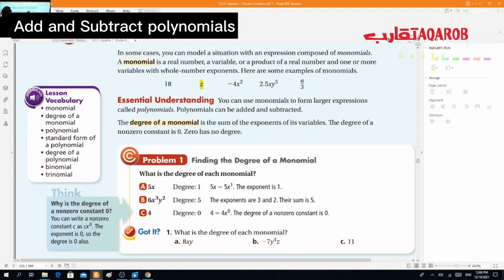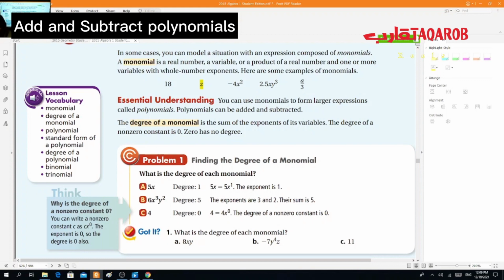Or it could be a quotient, or a ratio, of a variable and a number. As long as you have only one term, with no addition and no subtraction, you have a monomial. So these are examples of monomials.